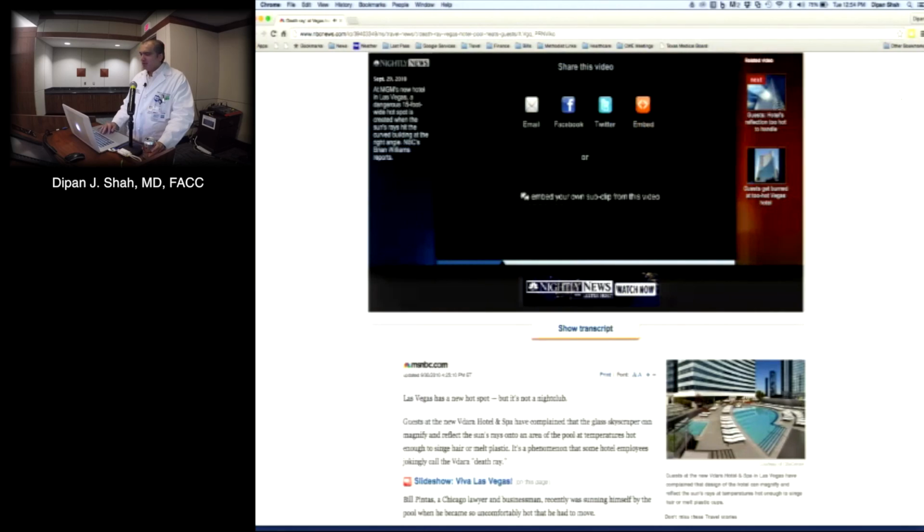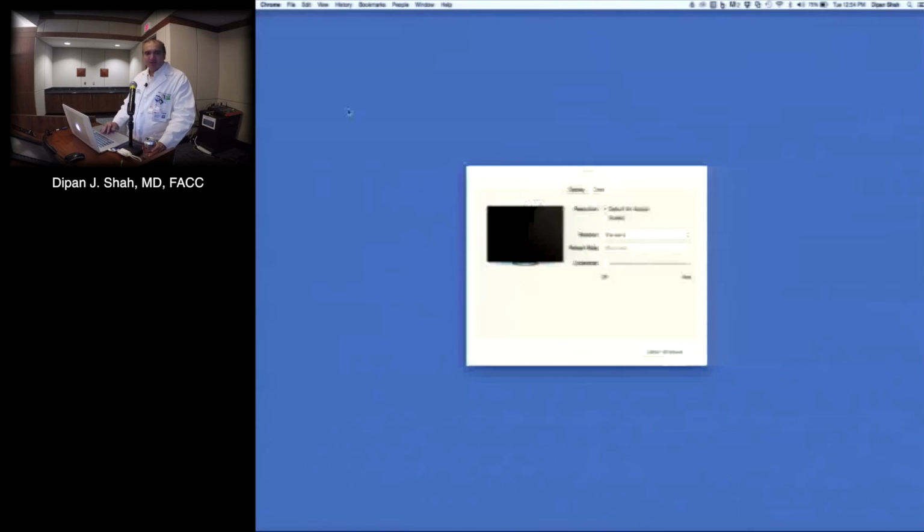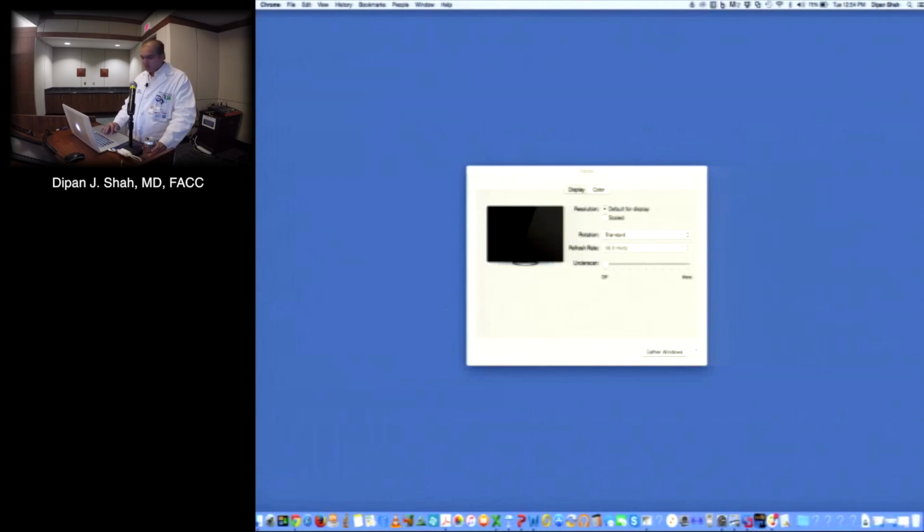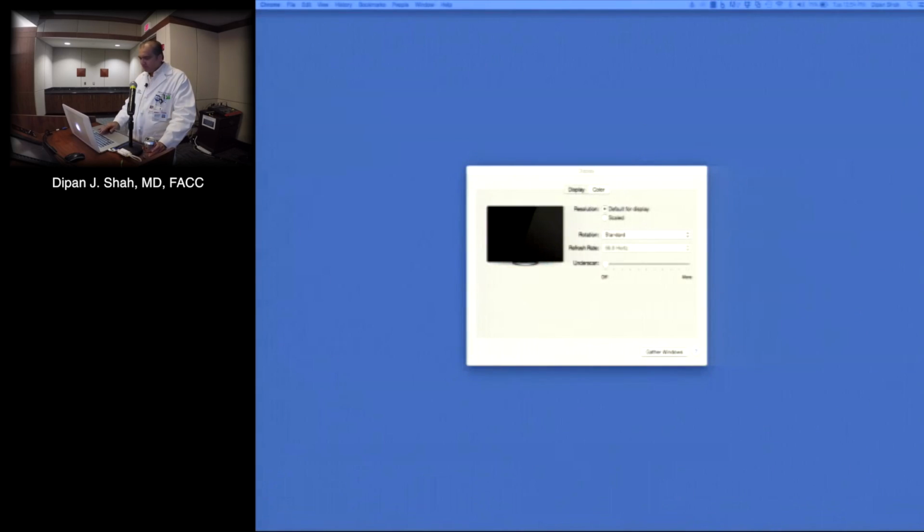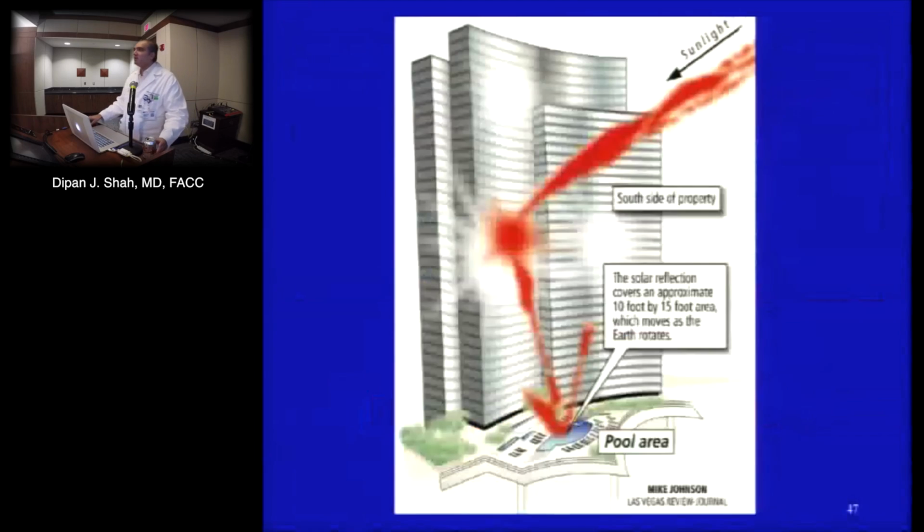Okay, so what happened? The issue, and this gets to the issue with any device, is that at a certain time of day, during a certain time of the year, the sun's rays were coming, and because there's a lot of glass here and it's curved, that glass was causing those rays to be transmitted directly to one area in the center of the pool.